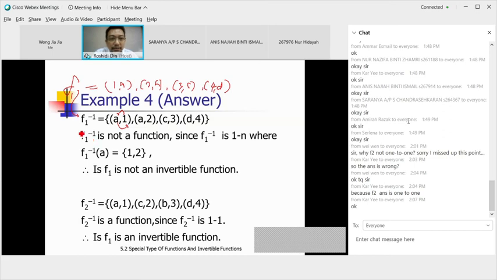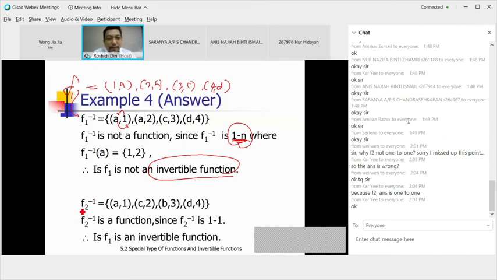This is not a function, since we have one-to-many here: A maps to 1 and A maps to 2. So this is not a function, and since it is not a function, we cannot declare it an invertible function.